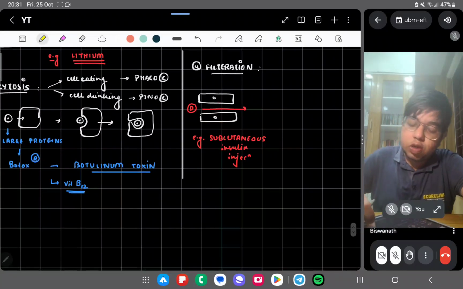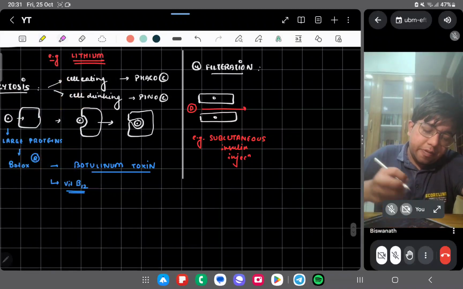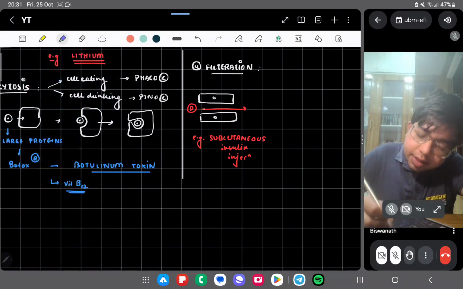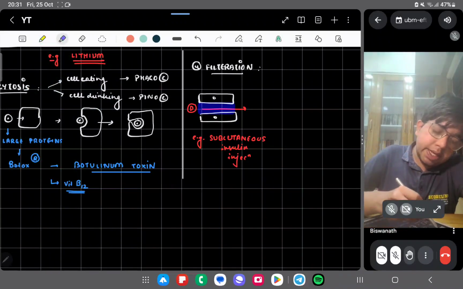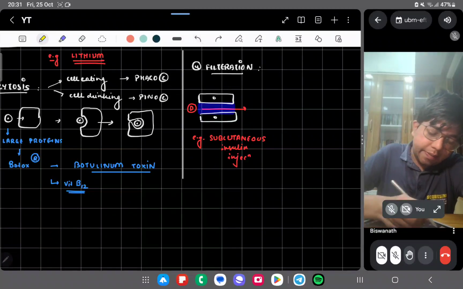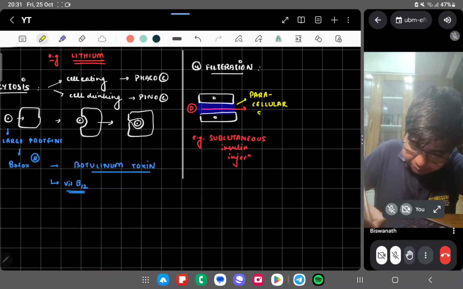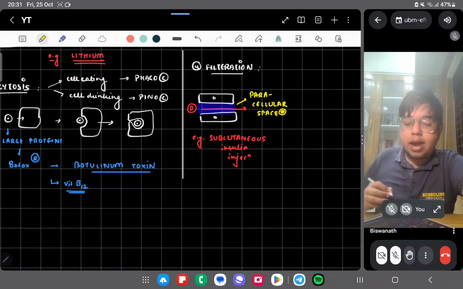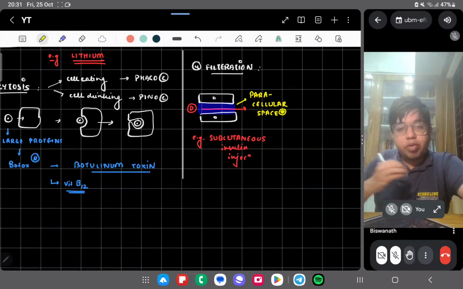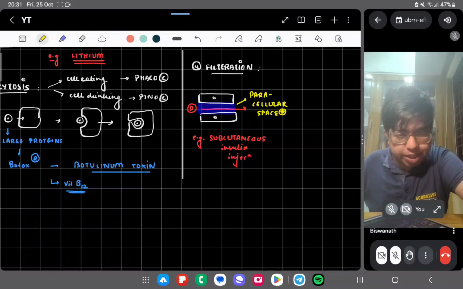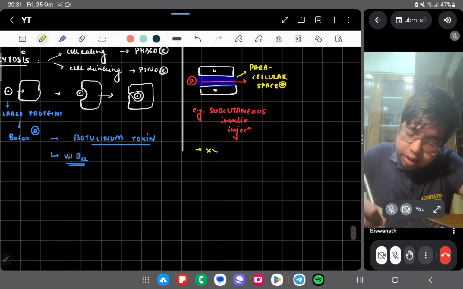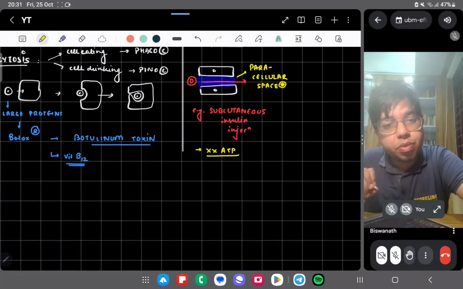In this type of phenomenon, the space between the cells is called the paracellular space. The drug is moving in between the cells, through the paracellular spaces. It is again an ATP independent process. It doesn't require ATP. Understood?